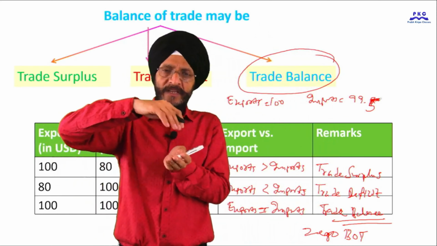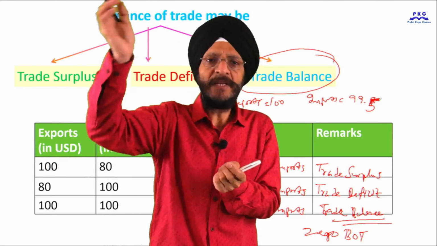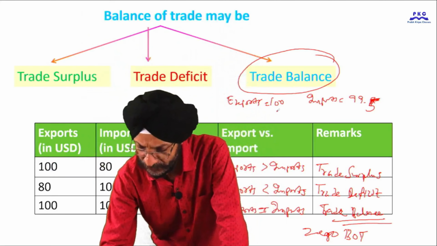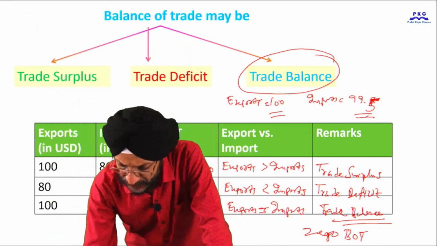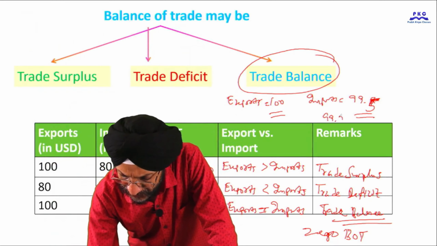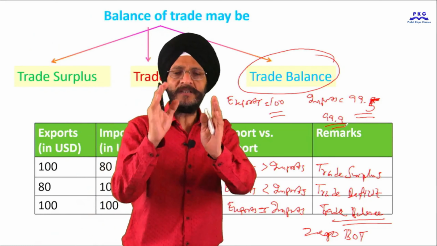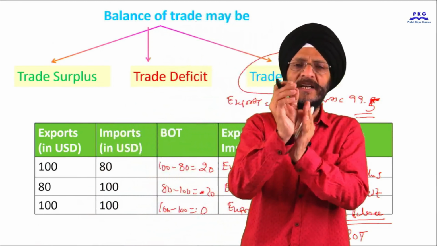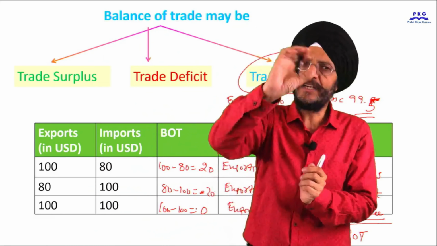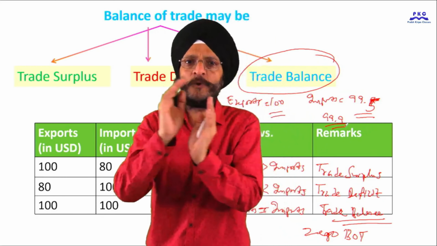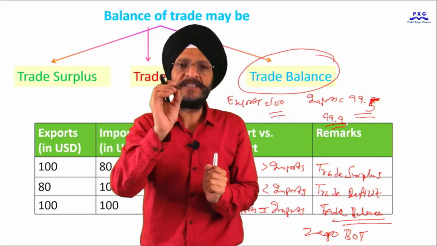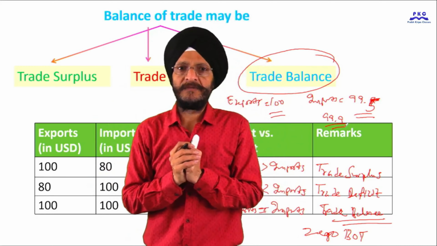We are not taking the figures in billions, we are taking only a small figure. When we are talking in, say, billions, we will be saying it is 99.9. So here the difference between exports and imports is negligible. So in case of trade balance, when the difference between exports and imports is negligible, it is regarded as trade balance.